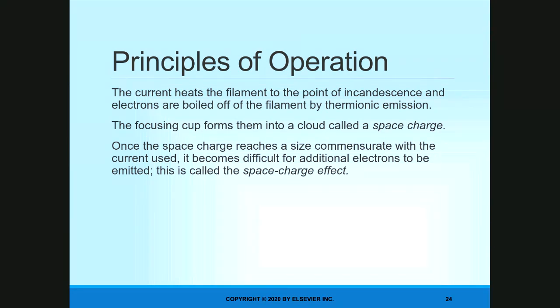It has to heat to incandescence, and I will tell you that the minimum temperature for incandescence is 2200 degrees Celsius or 3,192 degrees Fahrenheit. So when it heats to incandescence, the electrons literally are released or boiled off from the filament by a process called thermionic emission.